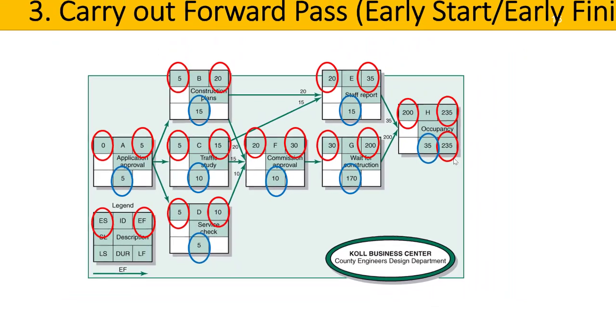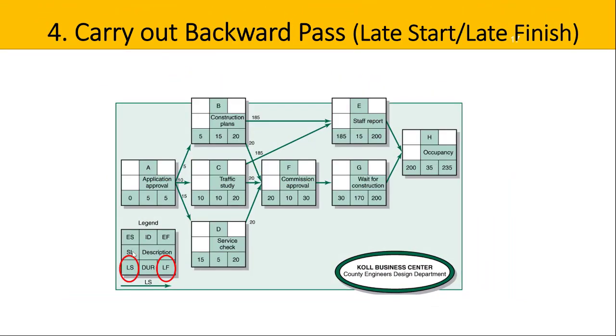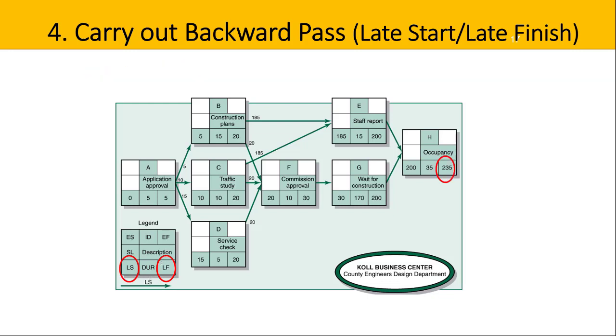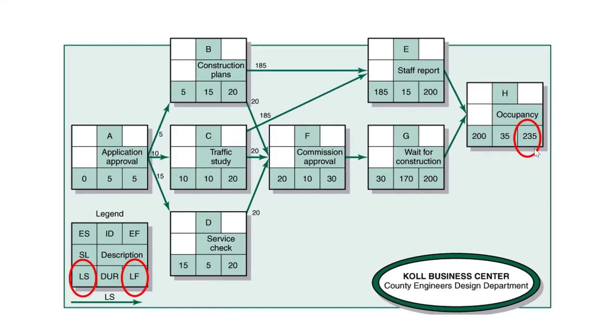Now let's look at the backward pass. In our legend, these are shown down the bottom next to the duration. In the backward pass, we're working backwards through the network diagram. So previously we've established that 235 days is the quickest we can get the project done in, and that's actually our project time frame.